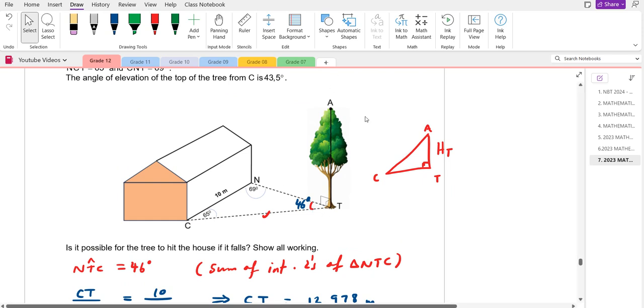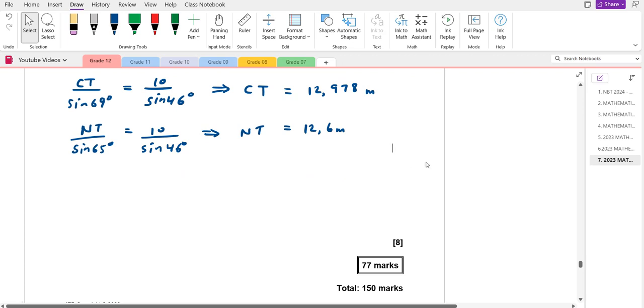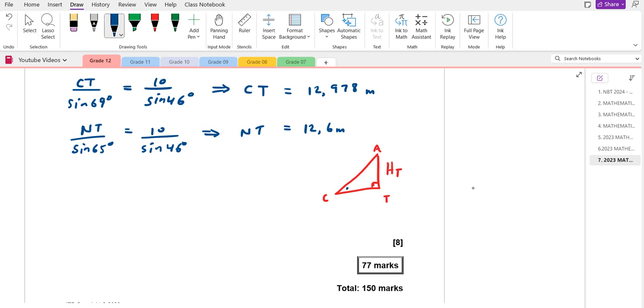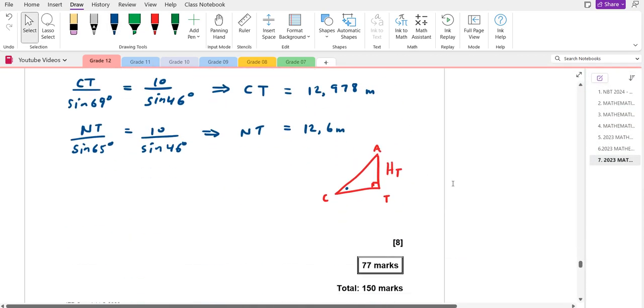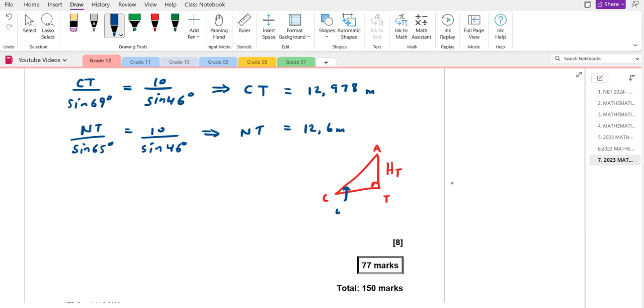So for the height of the tree, we need to use this triangle here. The angle over here is 43,5 degrees, and we know CT is given, right? So we have CT already, which is 12,978.